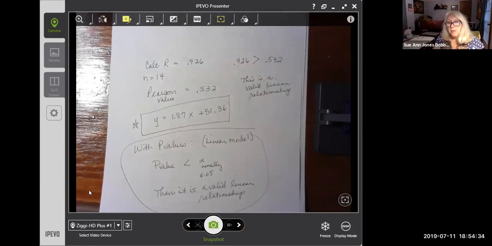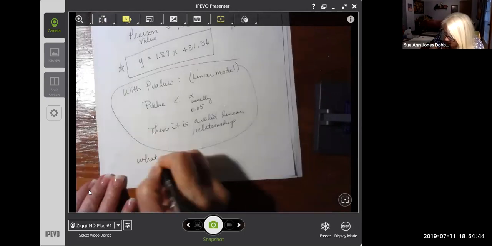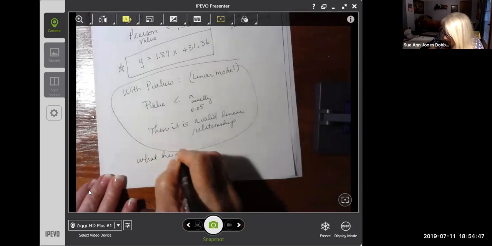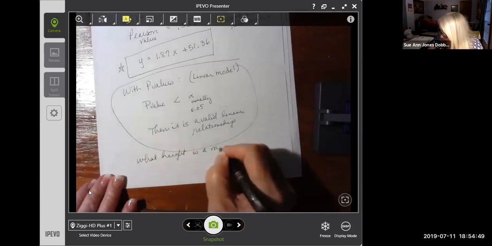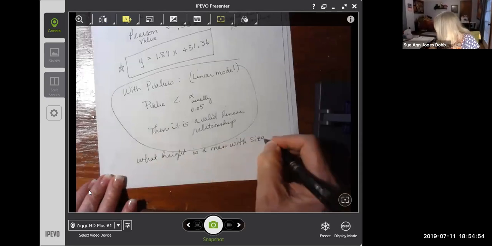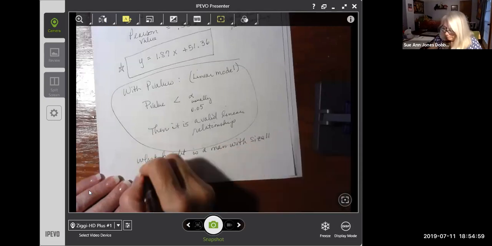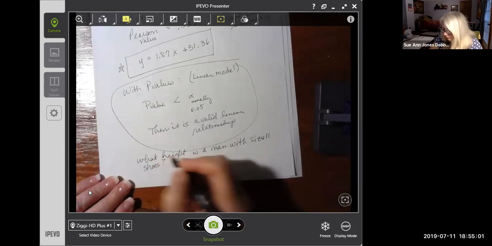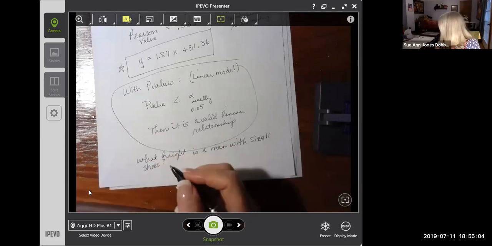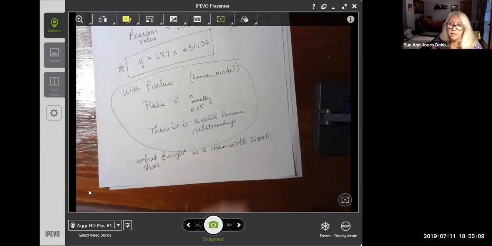So it might say, like in this case, this was shoe size and height, what height is a man with size 11 shoes. So first I look and I see that 11 is within the range of the data, and I know it is a valid linear relationship, so I could make a prediction.